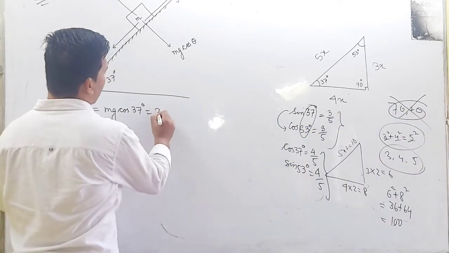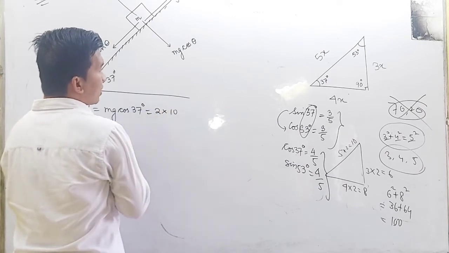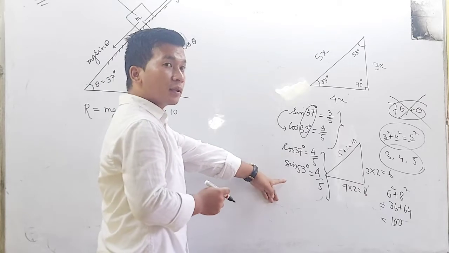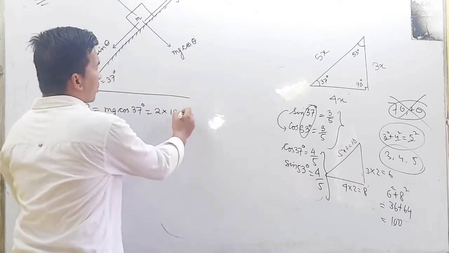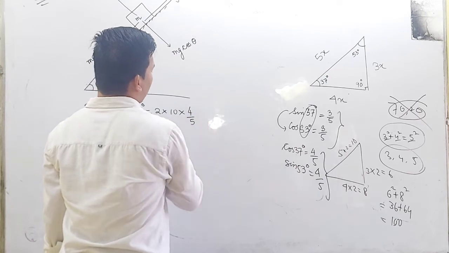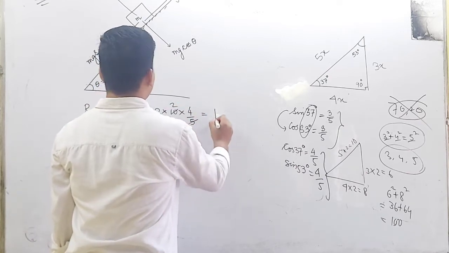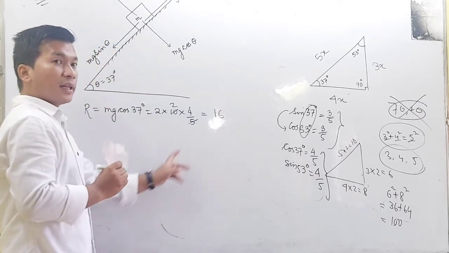This is equal to 2 kg into g value, 10, into cos 37, which is 4/5, and the cancellation gives R equal to 16.